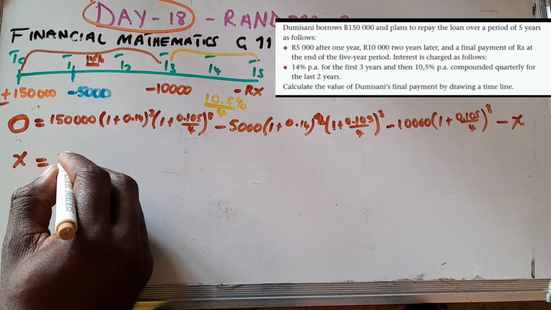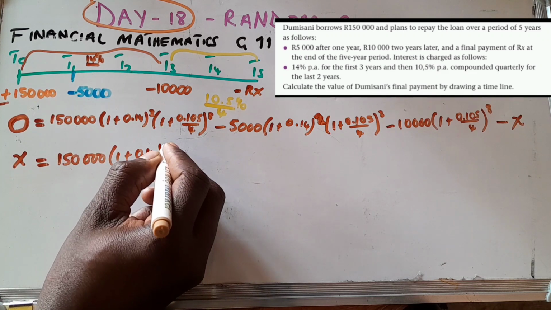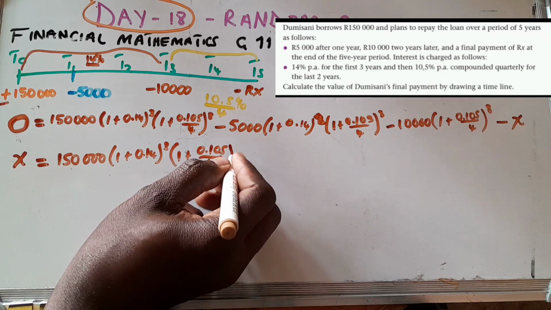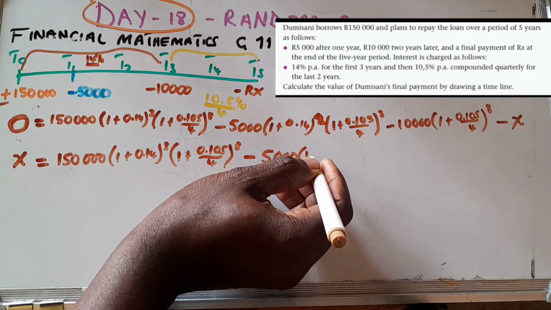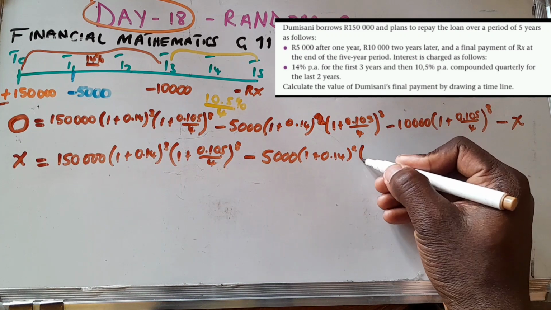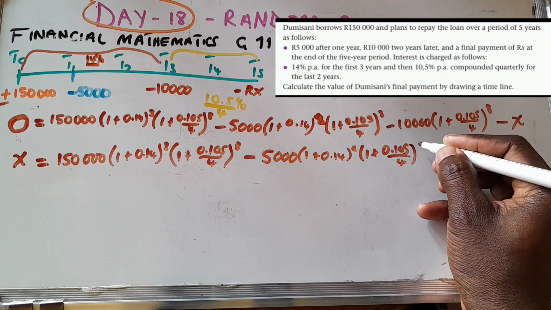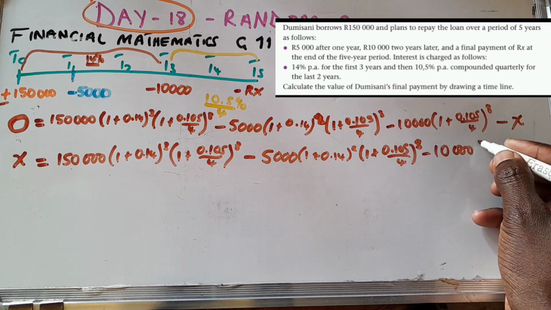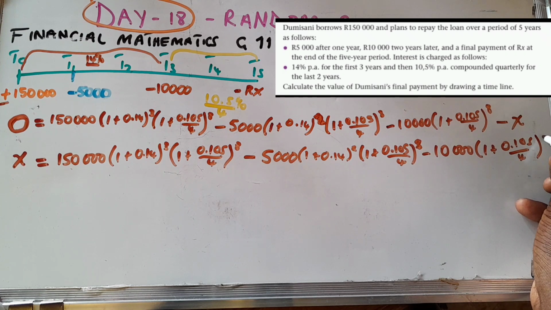So our x becomes 150,000 times (1 plus 0.14) to the power 3, and then (1 plus 0.105 over 4) to the power 8, minus 5,000 times (1 plus 0.14) to the power of 2, and also (1 plus 0.105 over 4) to the power of 8, minus 10,000 times (1 plus 0.105 over 4) to the power of 8.